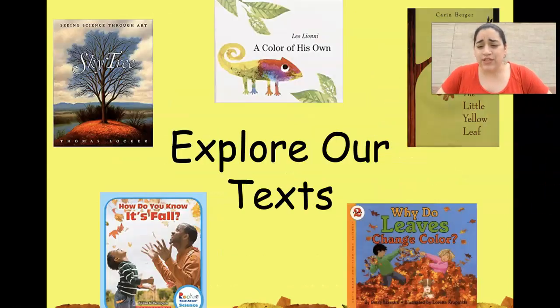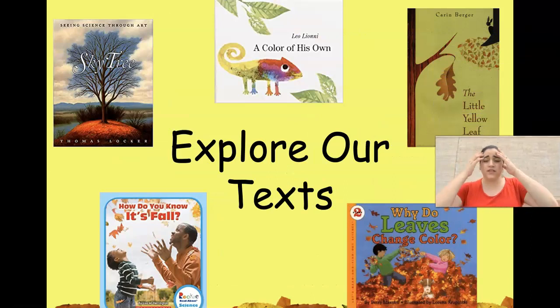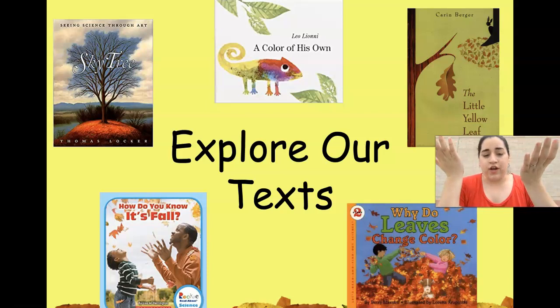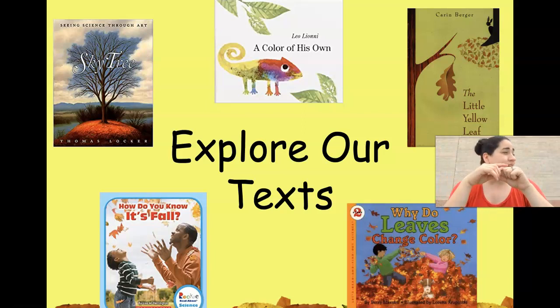So first, we're going to start our lesson by looking and exploring the text that we have of this module. So far, we already read How Do You Know It's Fall? We read The Little Yellow Leaf and A Color of His Own. Today, we're starting with the next book, and that will be Why Do Leaves Change Color?